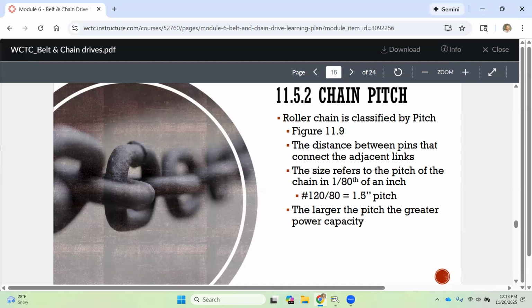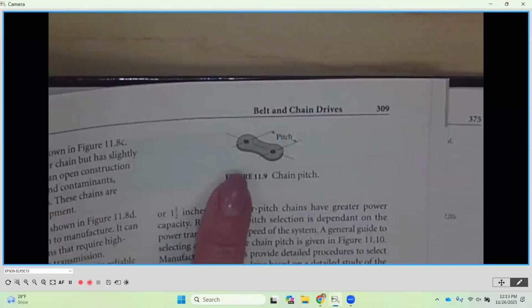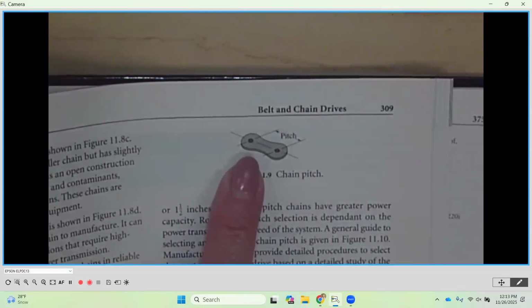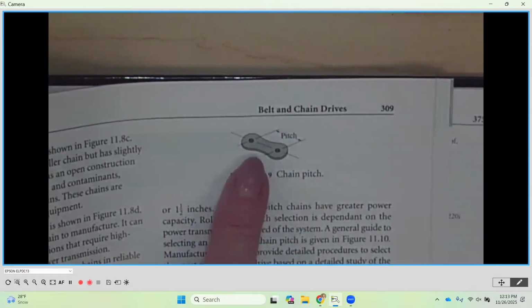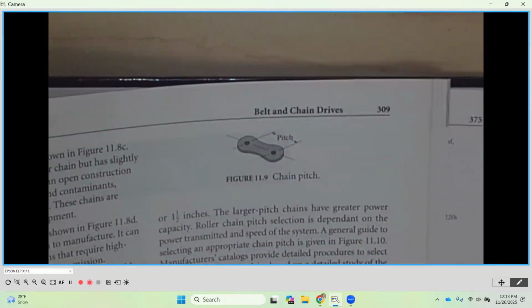It's going to be 3/4 of an inch, 0.75, right? So that means it's going to be 0.75 distance between the two holes on our side plate, which is the distance between each one of the center lines of the rollers on our chain, okay?